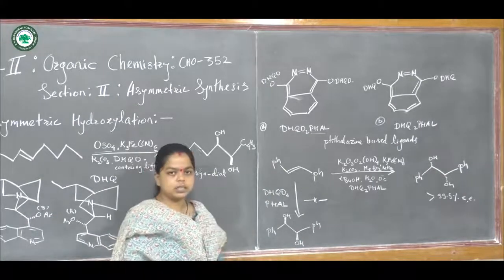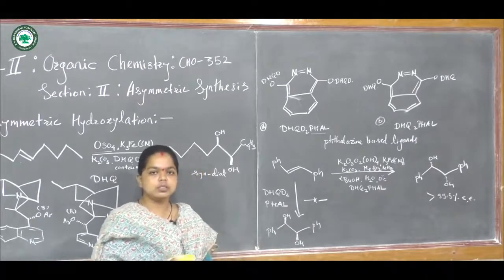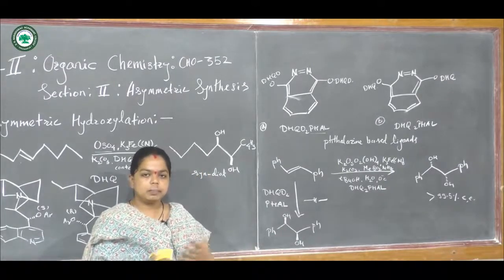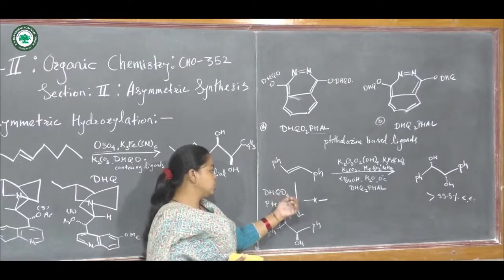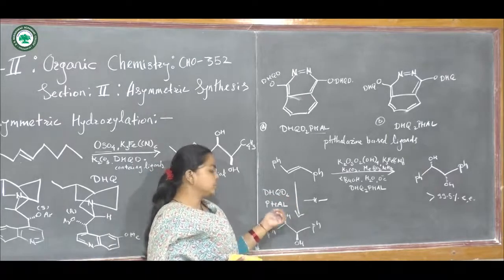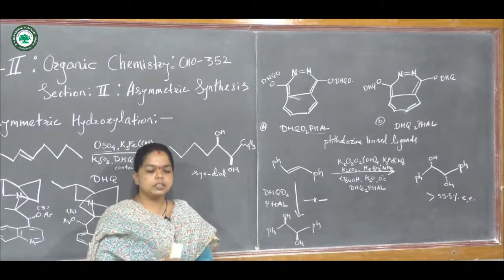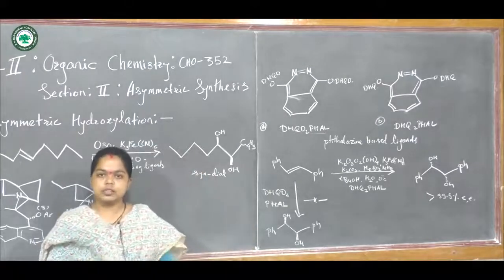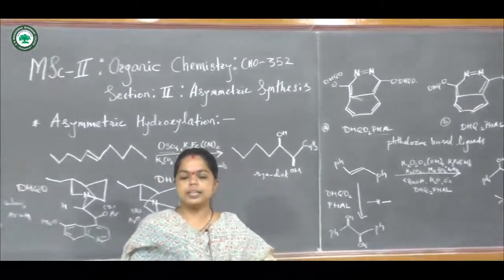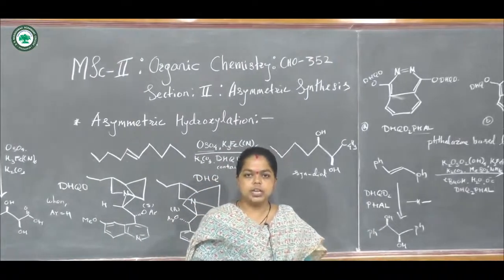So accordingly we can synthesize the desired diol system. If we want to synthesize the beta oriented diol system, then we can use this (DHQD)2 dihydroquinidine and phthalazine ring type of ligand. So a number of chiral ligands can be used that will afford the chirality and that will give the single enantiomer of the diol.